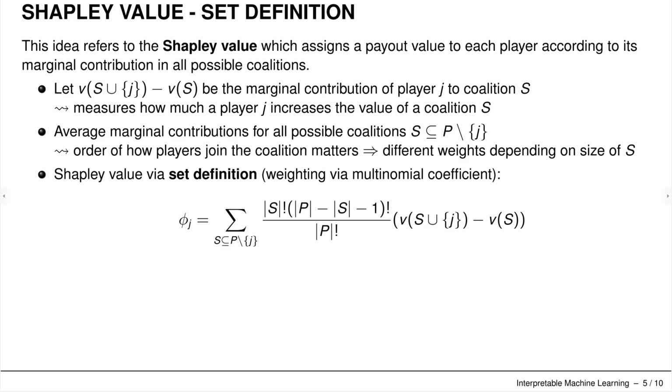That's then the set definition of Shapley values. We take all possible sets of players without the player J. We take the marginal contribution, so the difference in the value function, and we calculate the appropriate weight. And we'll see in a few slides how to calculate that weight exactly.